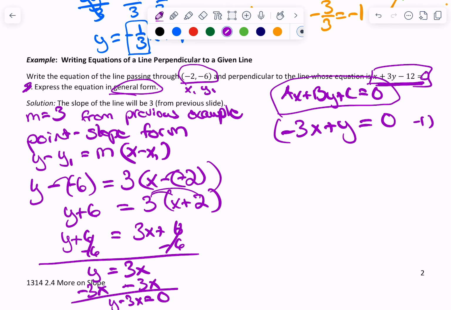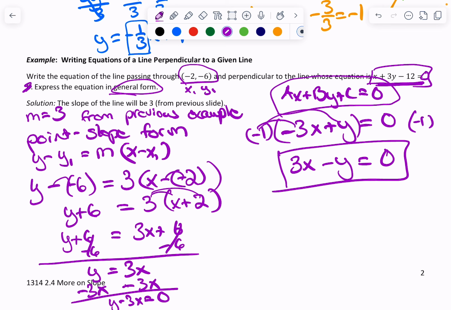So -1 times -3x is going to be a positive 3x. So we get the positive a. -1 times y is going to be -y, and 0 times -1 is going to stay as 0. So this is our answer. Again, the a should be positive. That is why we multiplied both sides by -1.